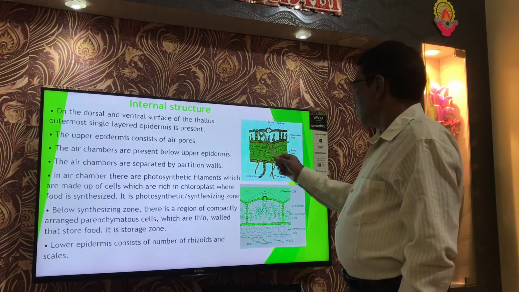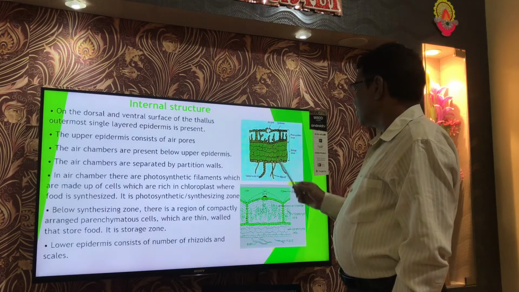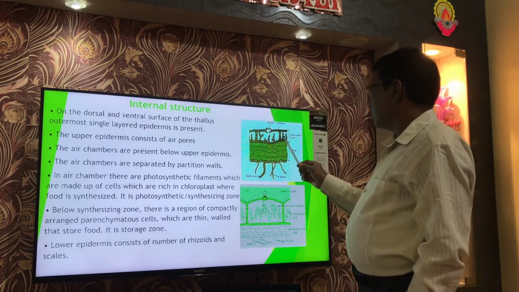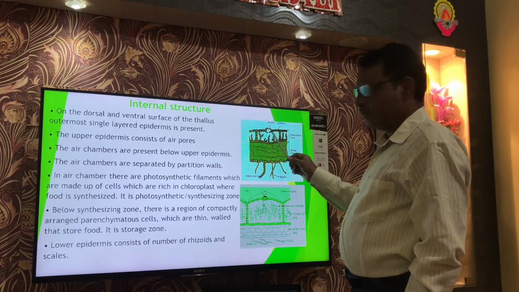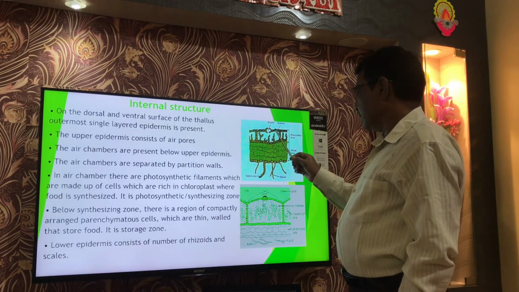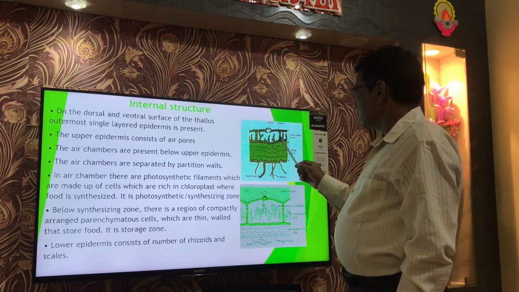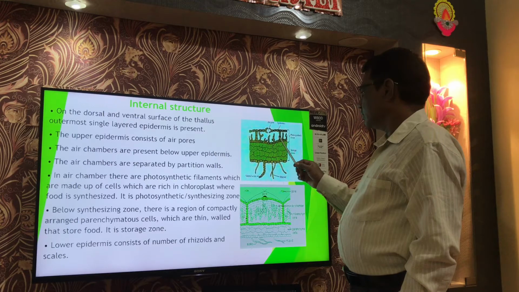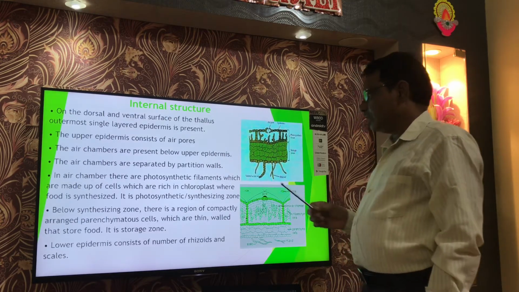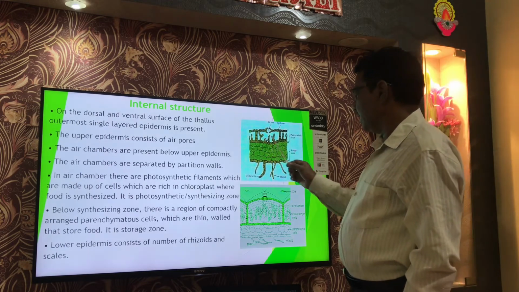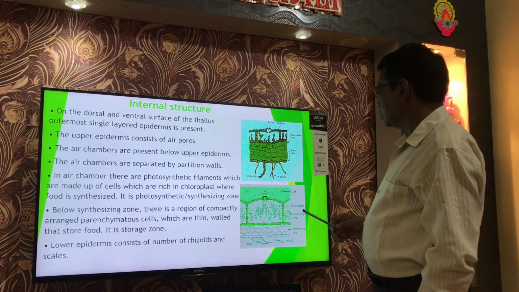Thus this entire upper zone performs the function of photosynthesis. Epidermal cells also contain chloroplast, that means they are green in color. The partition wall cells also have chloroplast, and at the same time these photosynthetic filaments are also green in color, and thus they perform the function of photosynthesis.